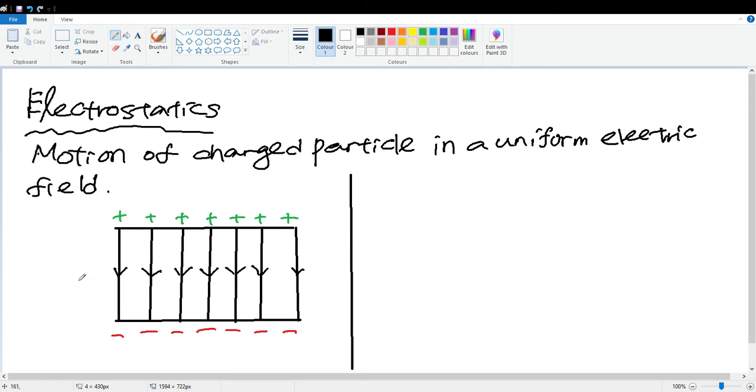Consider the charged particle that we use is an electron, E. Initially this electron is moving with a horizontal velocity, which we denote as U. So this U represents the initial horizontal velocity.